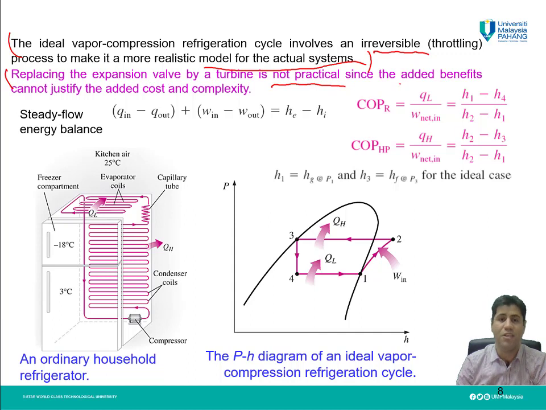Why? Because, however it will add some benefits if we use a turbine instead of an expansion valve, the cost and complexity of designing a turbine which can handle a two-phase mixture of gas and liquid is not that practical, and the cost and complexity will be much higher, because the turbine has some benefits.